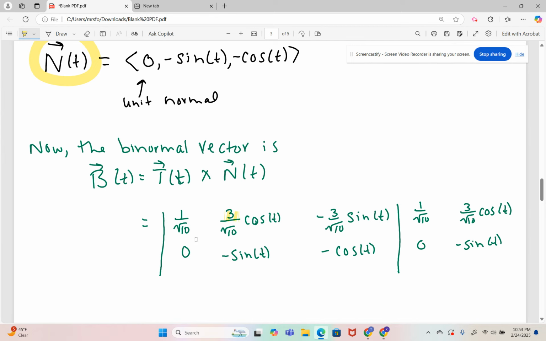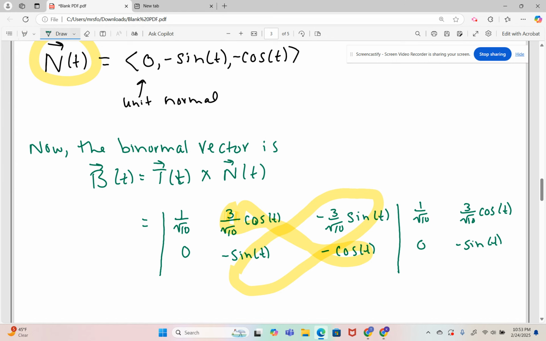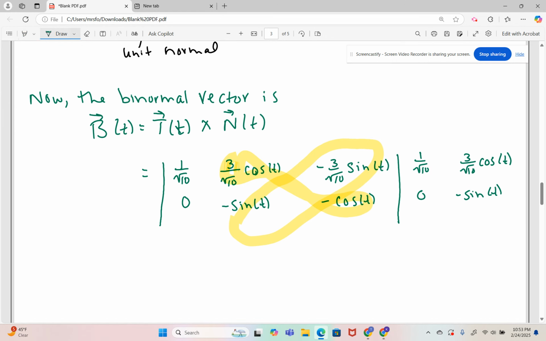So if we go here minus here, so that would be negative 3 over square root of 10 cosine squared t.